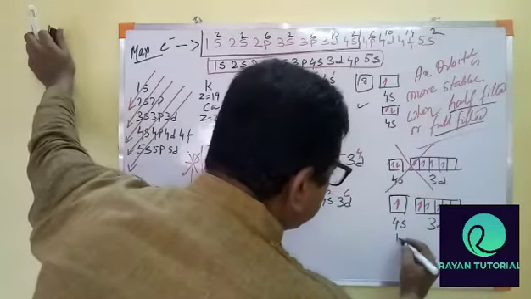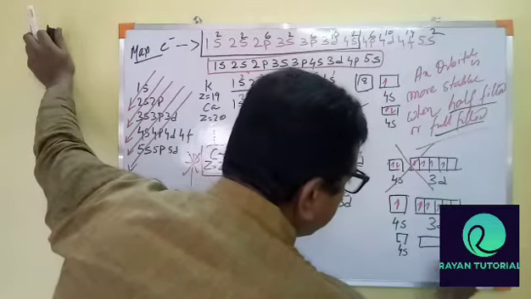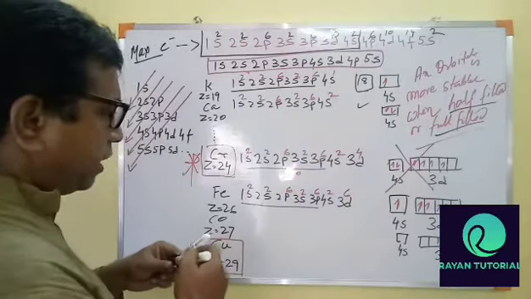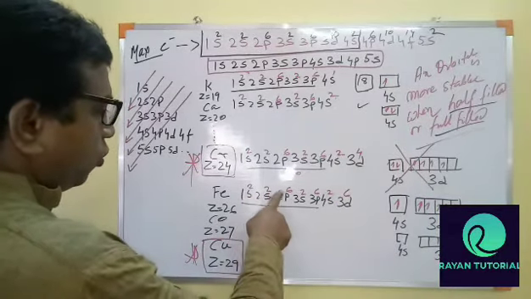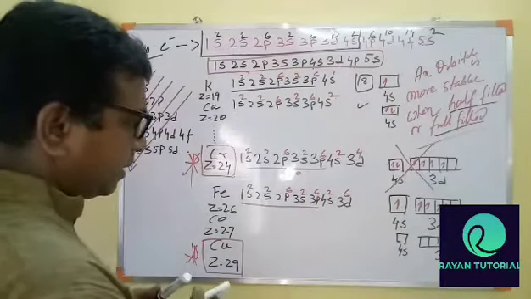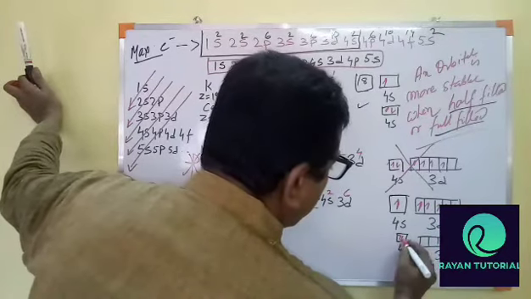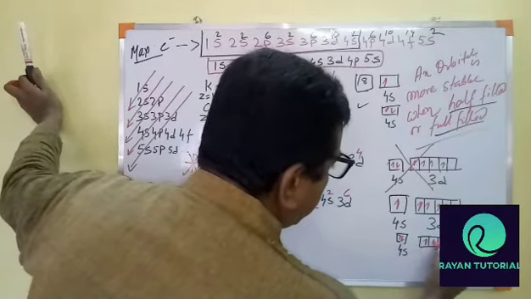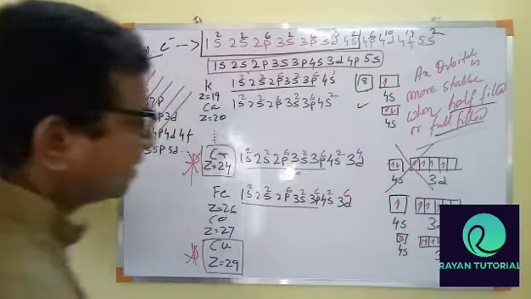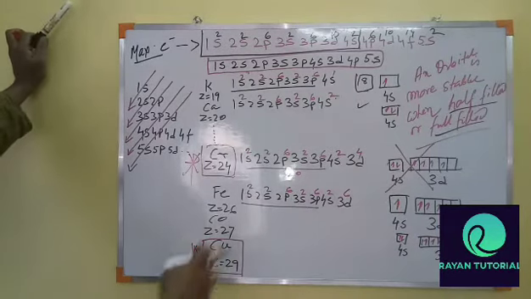So here 4s and 1, 2, 3, 4, 3D. So here 2 to 4, 4 is 16, 12, 18, 20, 26. So here 2 and here 1, 2, 3, 4, 5 and here you put 1, 6. So that goes for iron.